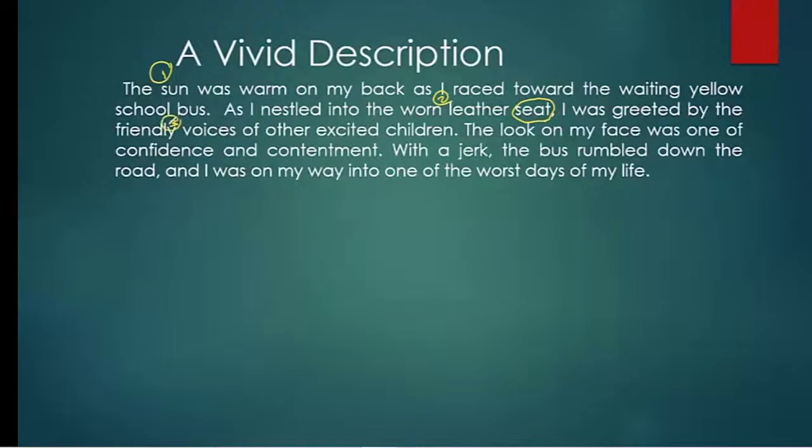This is the third description, about the children. Excited children, this is the fourth description. The look on my face was one of confidence and contentment. With a jerk, the bus rumbled down, a strong verb, rumbled down the road. And I was on my way into one of the worst days of my life. Okay, so you can start with a strong description like this one.